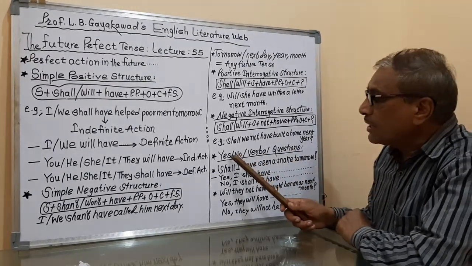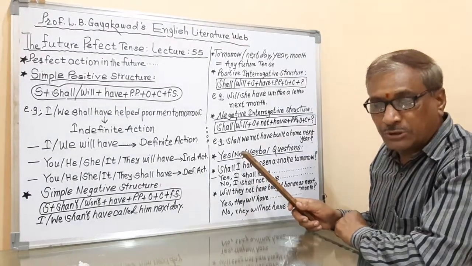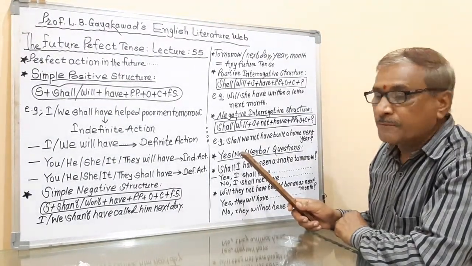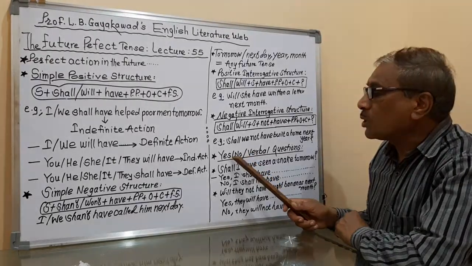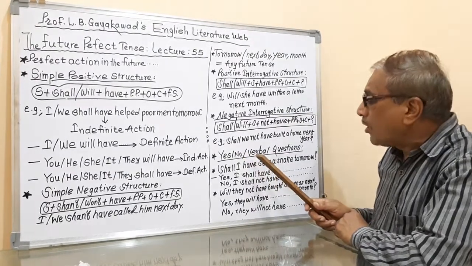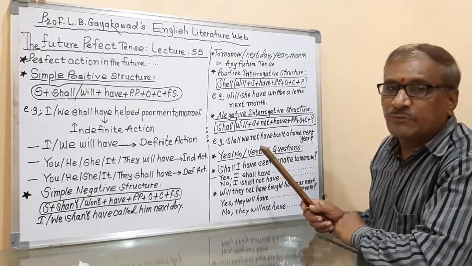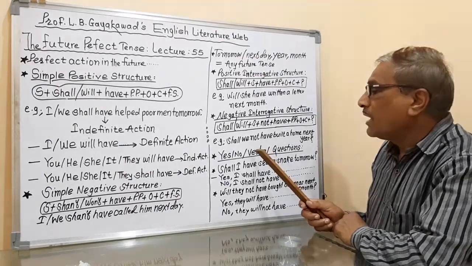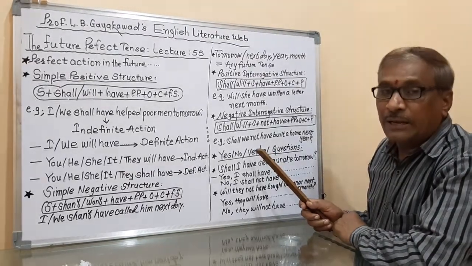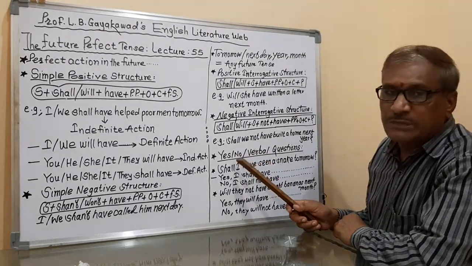It means the answer of this question will be given by the listener in yes or no form, or verbal questions means these questions give us the answer in the sense of yes or no, and that's why such questions are called yes-no type questions.